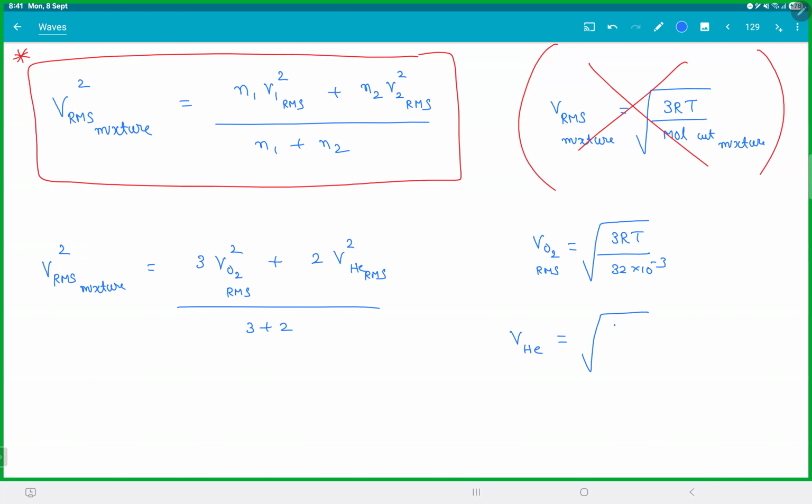Root over 3RT by 4 into 10 power minus 3. Take them and substitute this. Is this making sense, everyone? Clear with this?